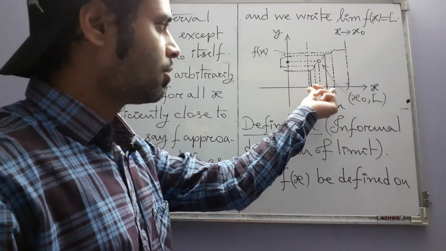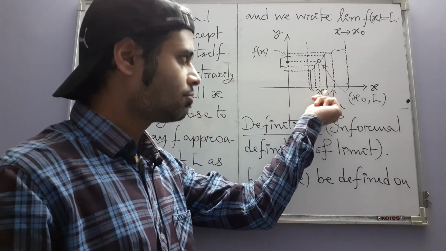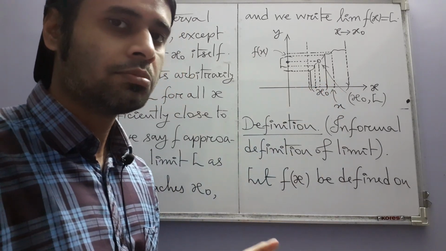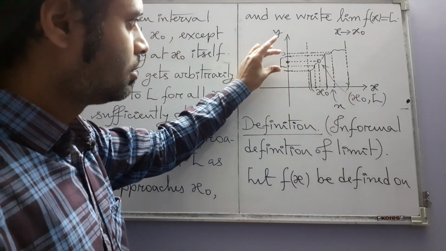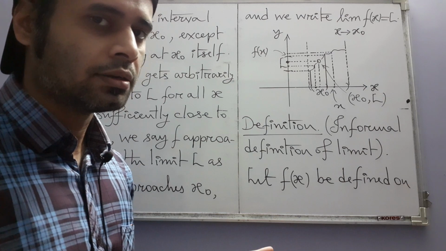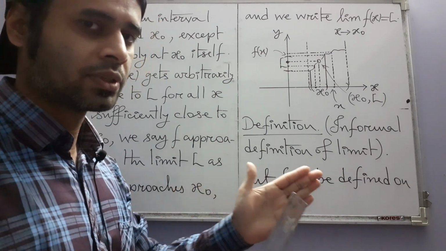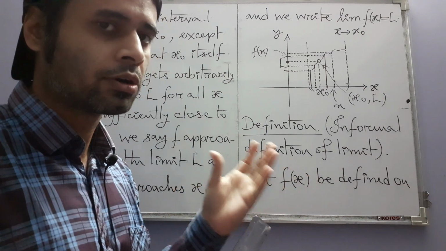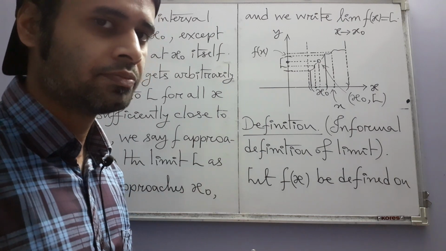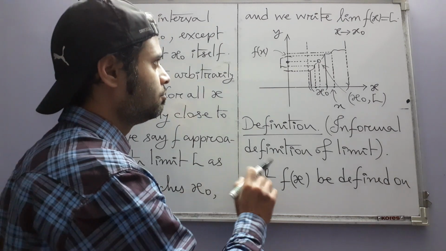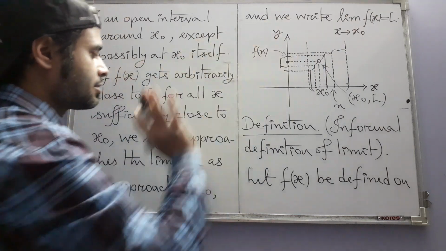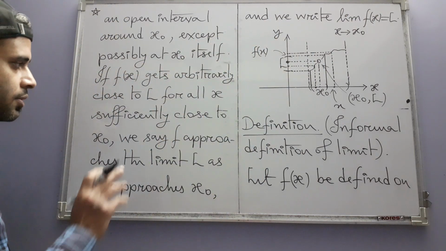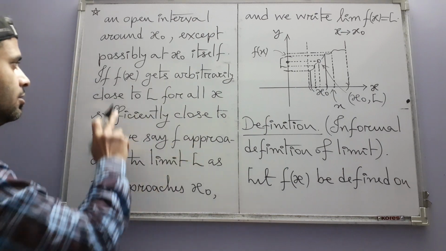Then you should be able to find an interval around x naught, so that if your input comes from that interval, then your output lies in that interval around L, so that your condition of closeness is satisfied. When that happens, we say that the limit of f of x is L as x approaches x naught. That is why we write things like this.